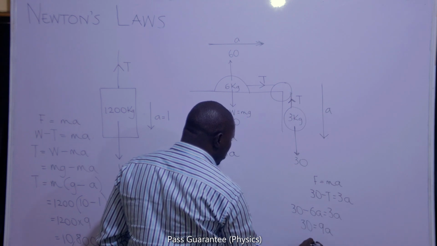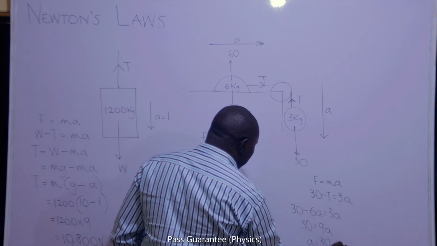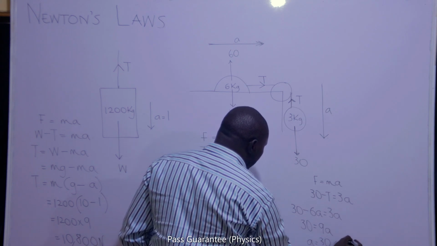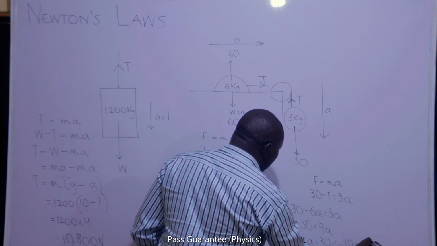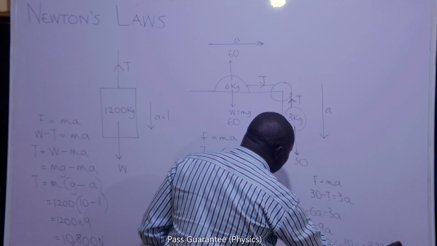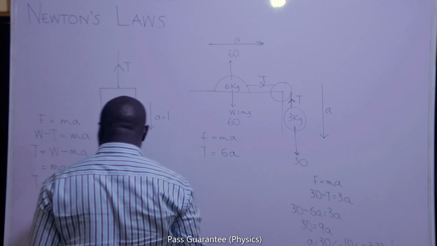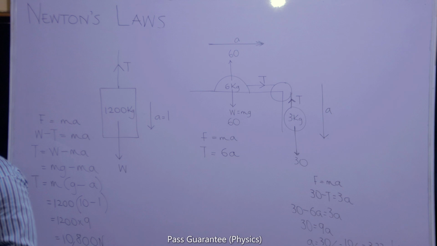A must be equal to 30 divided by 9, which is 10 over 3, and the answer should be 3.33 meters per second squared. That's the acceleration. If I've been asked to find the tension, I can just slot in the value here, and I will get my tension.